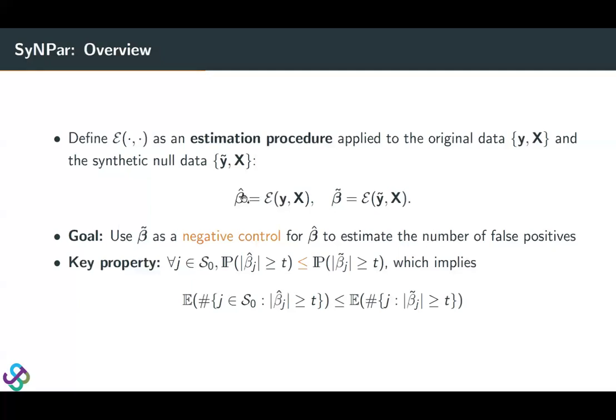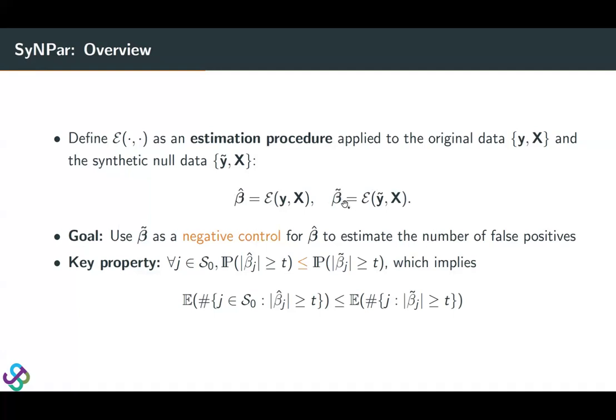But we have to see that if the true parameter beta star has zero components, the beta hat components corresponding to them will not be exactly zero because of the estimation error. Similarly, if the true null parameter beta 0 has zeros, then beta tilde will not be exactly zero because of estimation error.